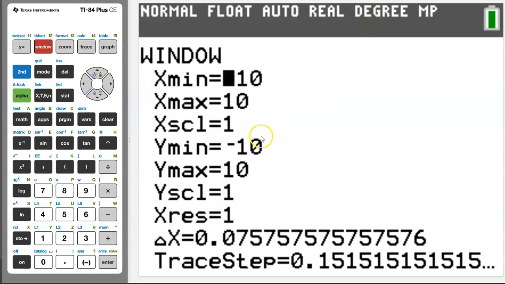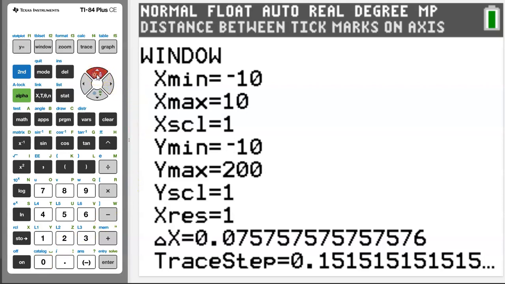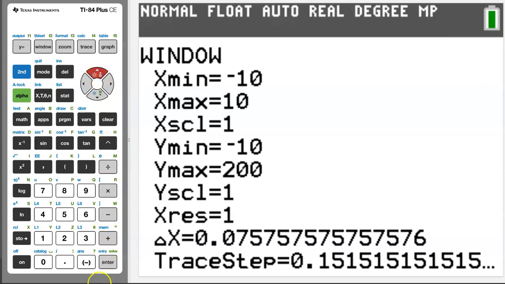Because of the 100s that I saw in the y values, I'm going to let my y max be like 200. I'm just picking a number that's well over 100. So let's call it 200. Now, how about the x max? This is the time.